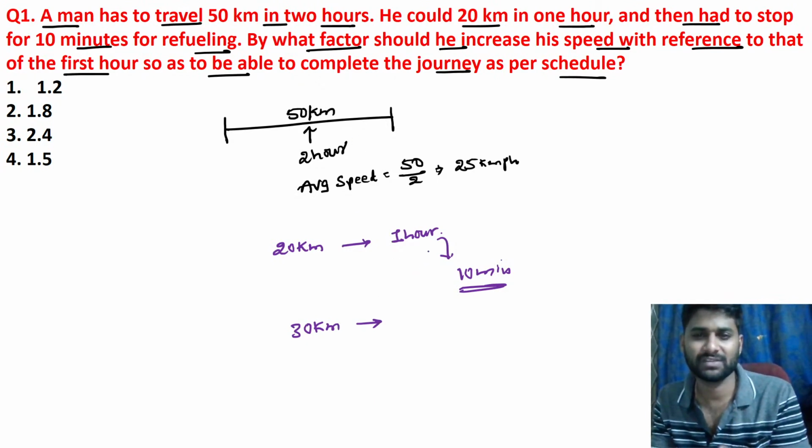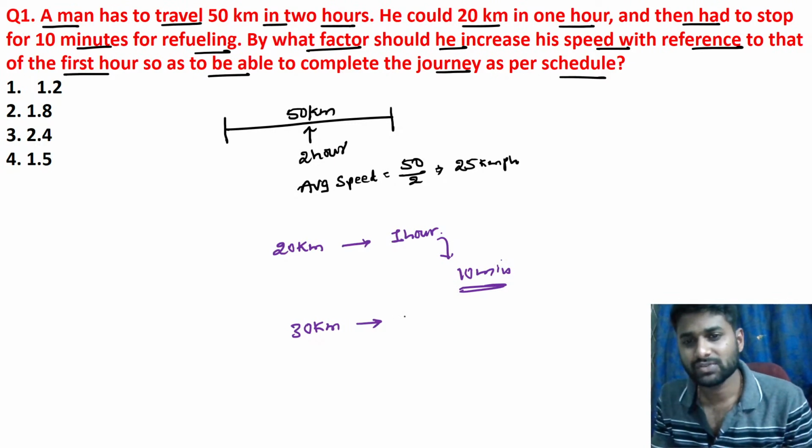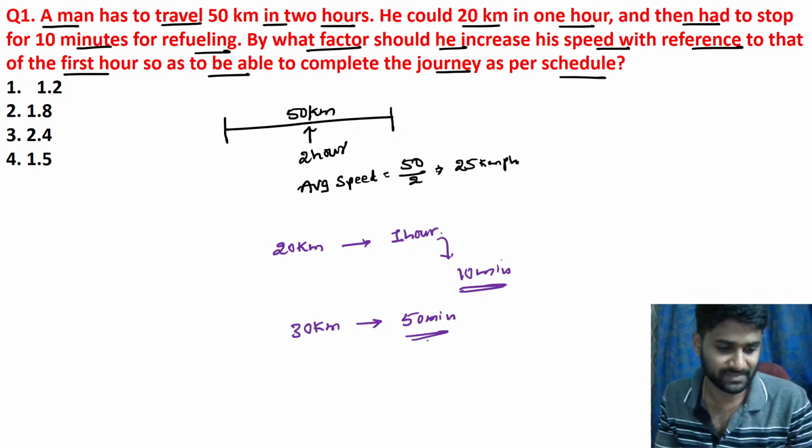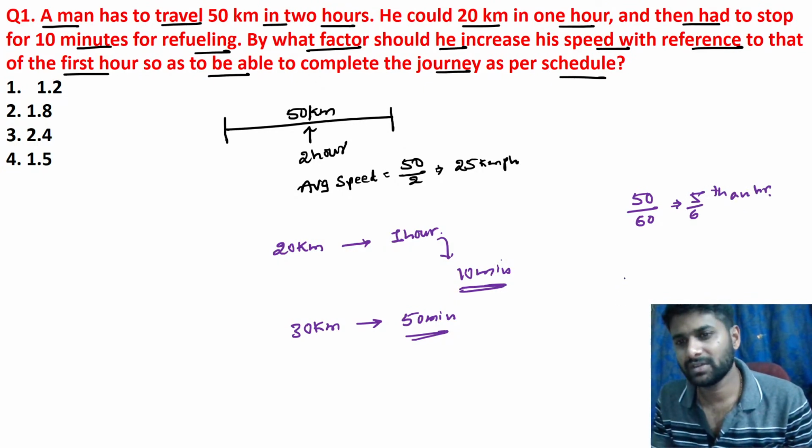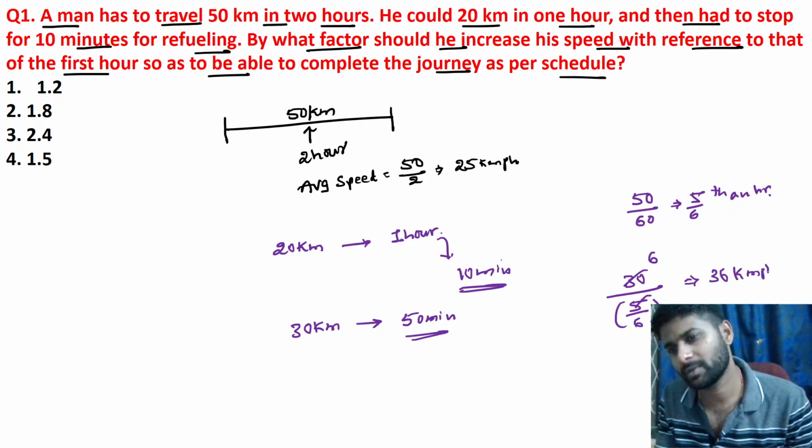Our duration is 2 hours, and already 1 hour 10 minutes is done. So the remaining 30 kilometers, the person needs to cover in 50 minutes. Here 50 minutes means 50 by 60, which is 5 by 6 of an hour. Now 30 kilometers divided by 5 by 6 of an hour, so 5 becomes 6 times, the speed we now require is 36 kilometers per hour.